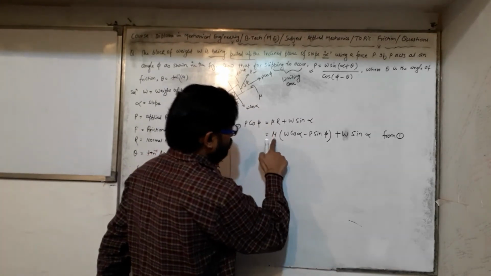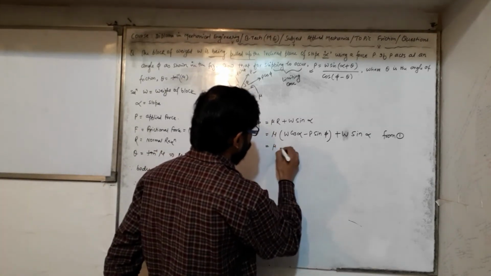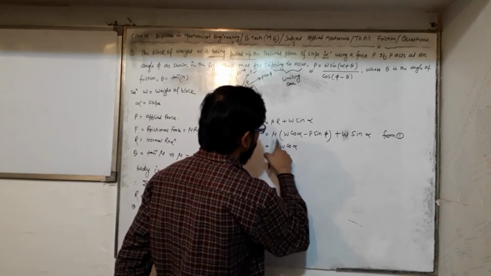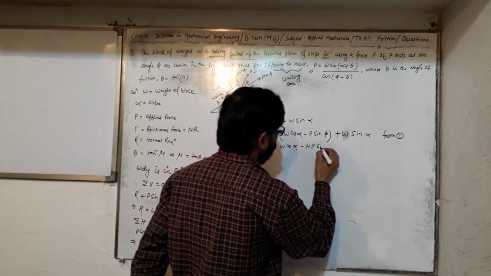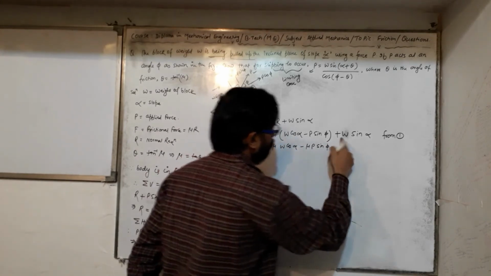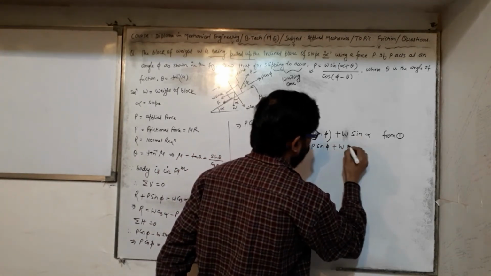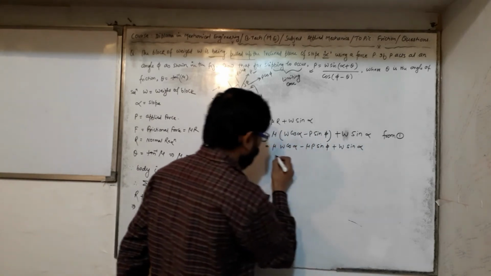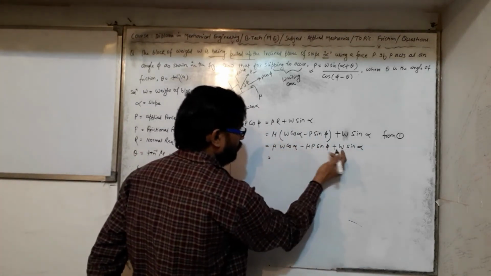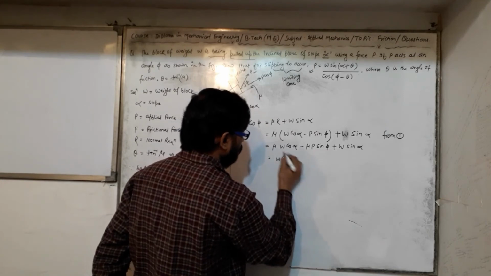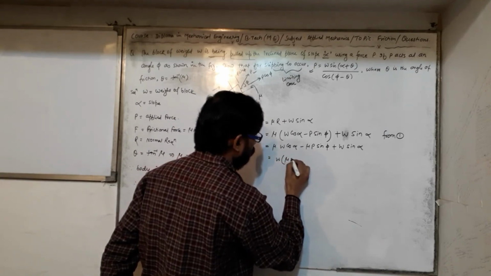On simplifying, mu into W cos alpha minus mu into P sin phi plus W sin alpha, or from the first and third term, if I am taking W common, then mu.